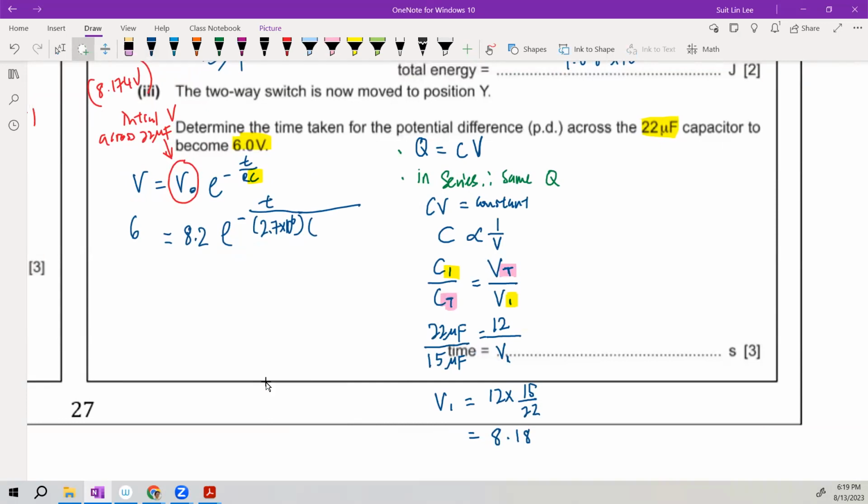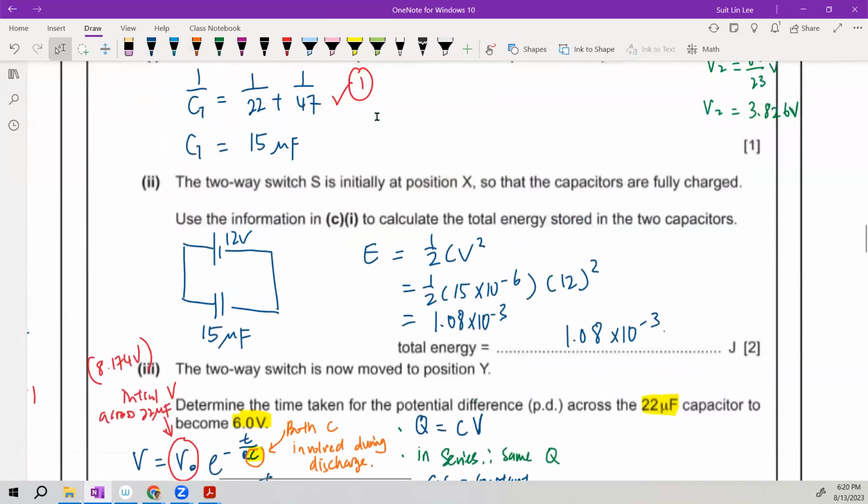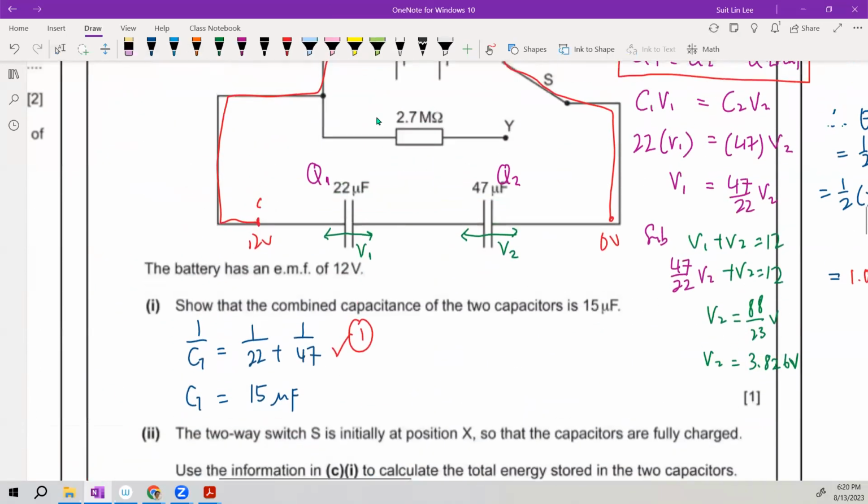But the answer would be no, you cannot take 22. Why, you may ask? Well, this is because during the discharge process, both capacitors are involved, because they are in series. So right now, when they want to discharge, whatever charge that is here will need to go through this capacitor before.